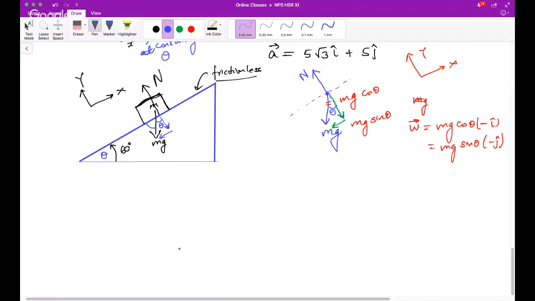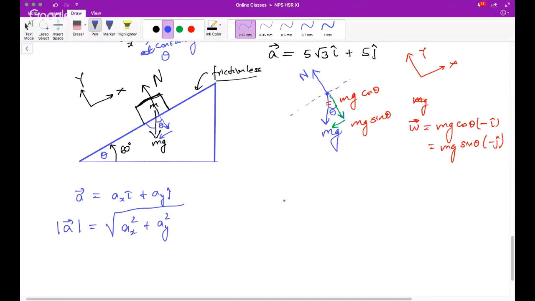Another important thing you need to know is, let's say a particular vector A is given as ax i plus ay j, where ax and ay are plain scalar quantities, i and j are unit vectors, and A is a vector. So we say that the magnitude of A is the square root of ax squared plus ay squared.